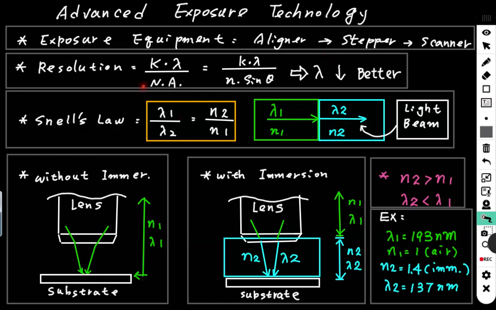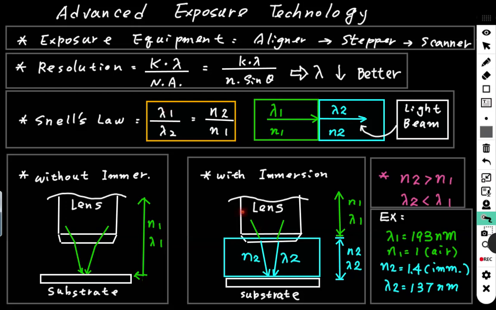We want to use this Snell's law. We want to let lambda 2 be smaller. We need to use a material with N2 bigger. This N1 and lambda 1 are in air. Then lambda 2 will be smaller. That's what we want.